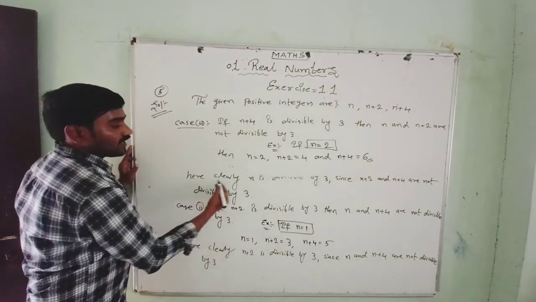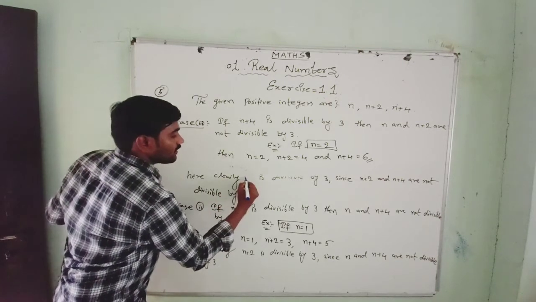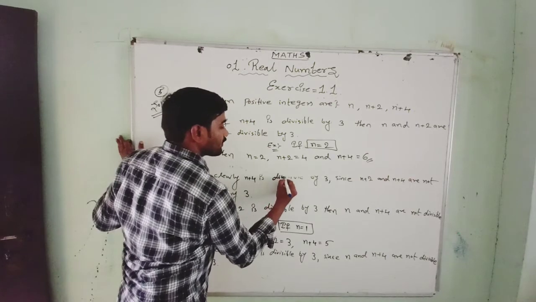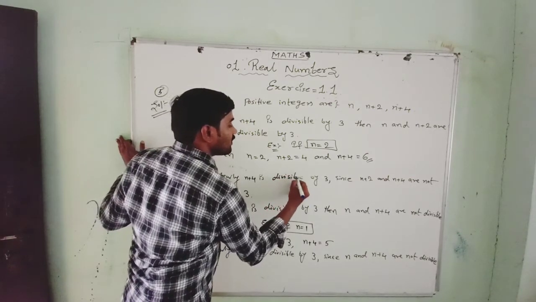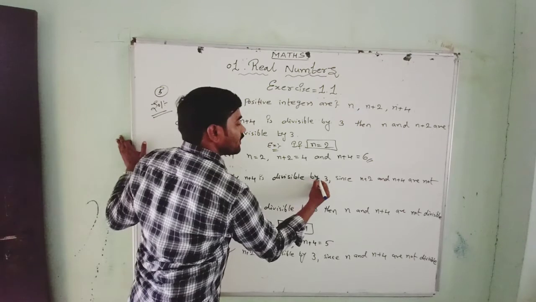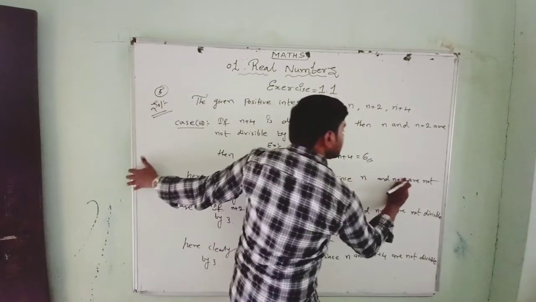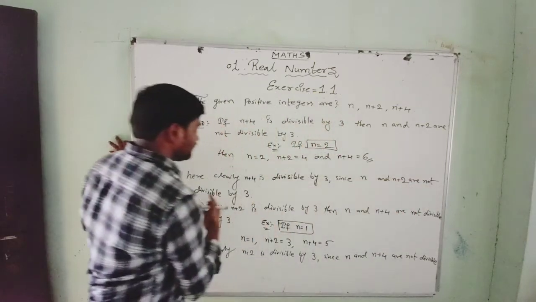Now clearly n plus 4 is divisible by 3. Hence n and n plus 2 are not divisible by 3.